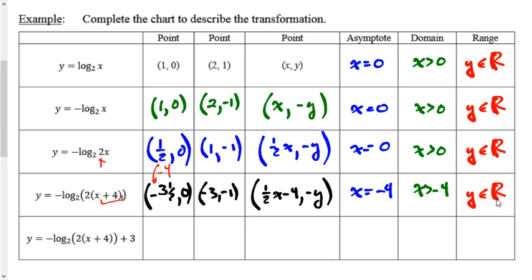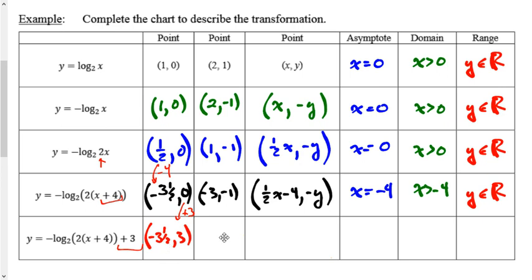Finally, we have this plus 3 that's added on the end. That will be a vertical translation. So that's going to change y values. So now I'll take this y value of 0, and since the graph moves up, I will just add 3 to the y value to get negative 3.5 comma 3. Add 3 to the negative 1, that'll give me a 2.